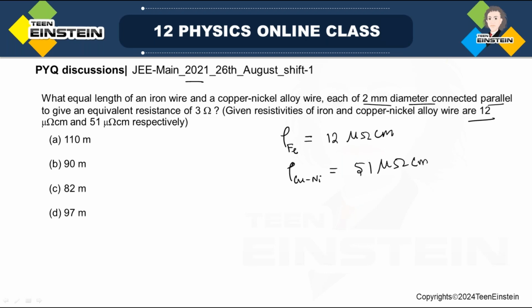Rho has got unit ohm centimeter. Okay, resistivity. So you have to find out the equivalent.